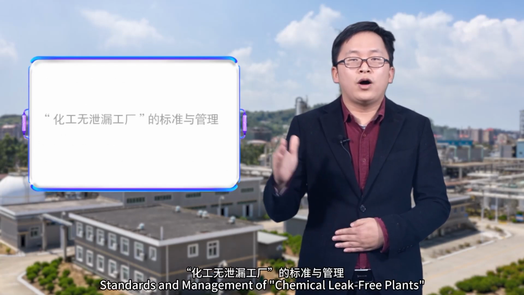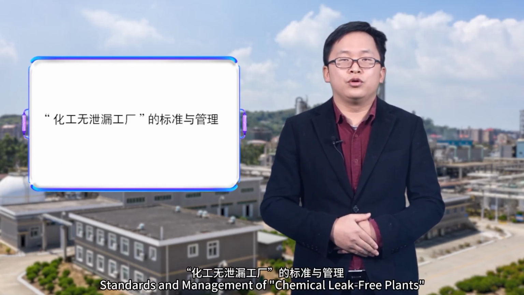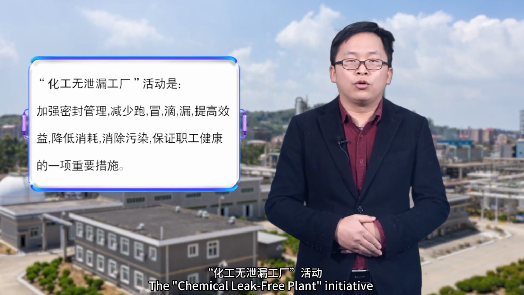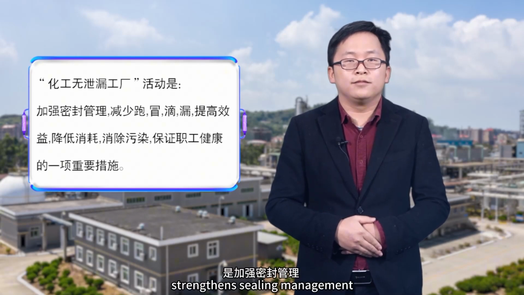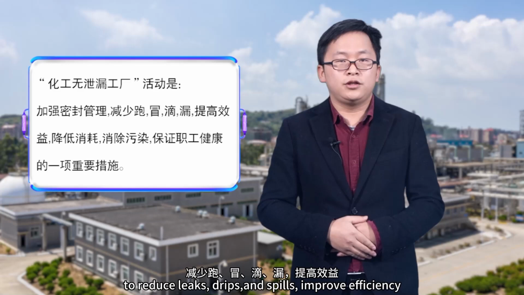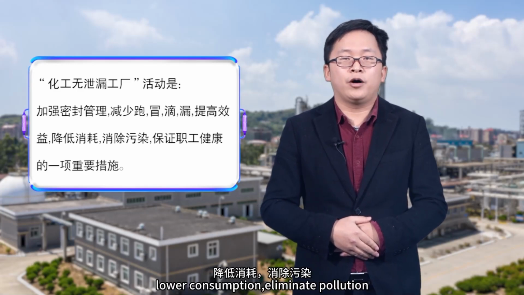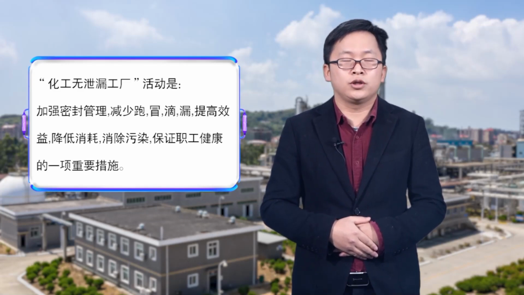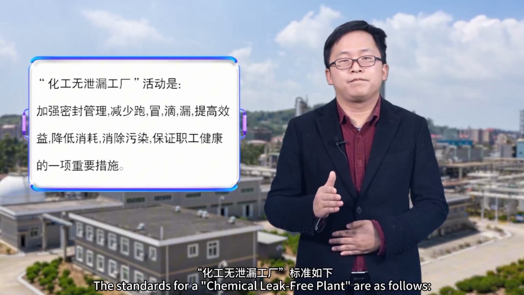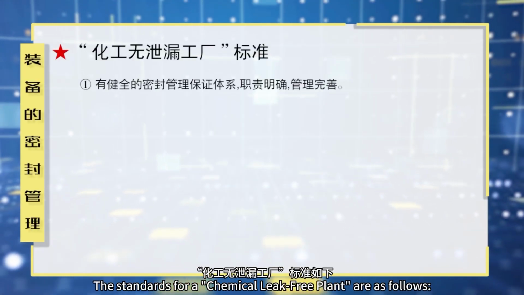Part 2. Standards and Management of Chemical Leak-Free Plants. First, the standards for chemical leak-free plants. The Chemical Leak-Free Plant Initiative strengthens sealing management to reduce leaks, drips, and spills, improve efficiency, lower consumption, eliminate pollution, and ensure the health of workers. The standards for a chemical leak-free plant are as follows.